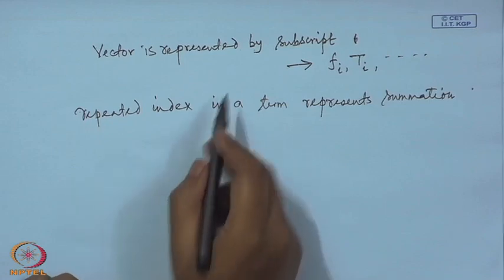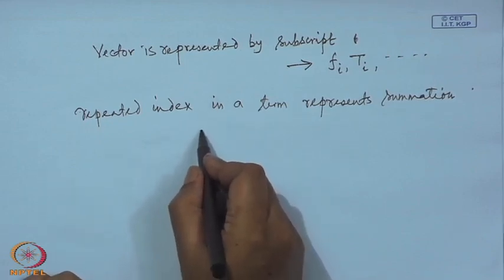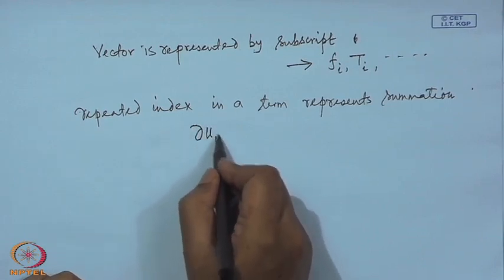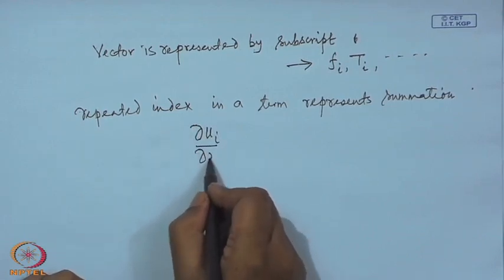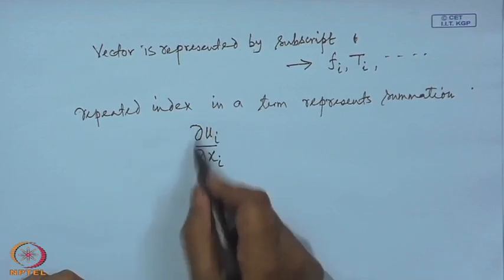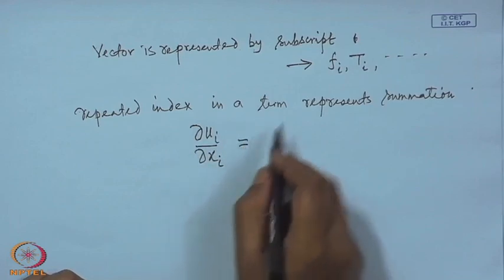As an example, this is one term where this i is repeated.